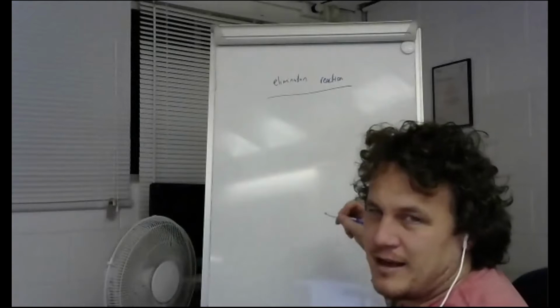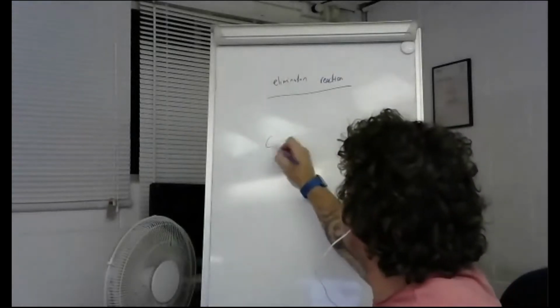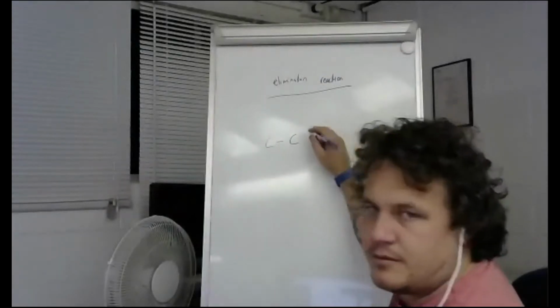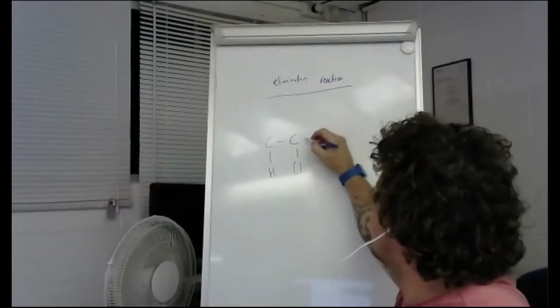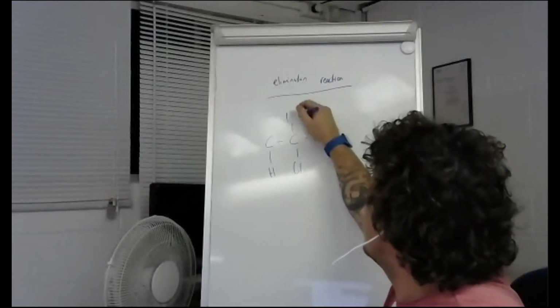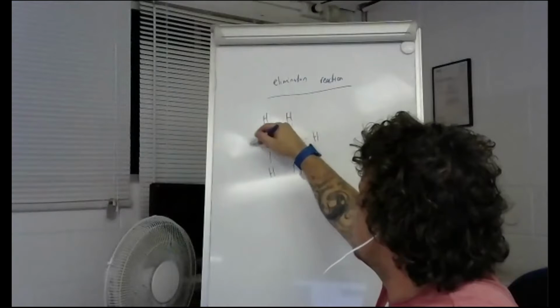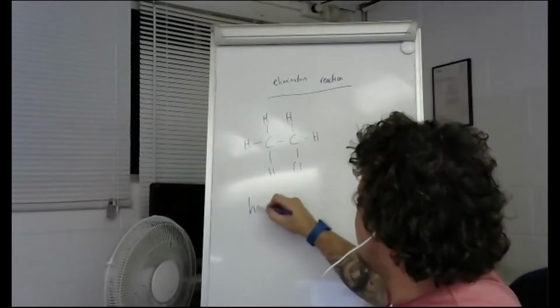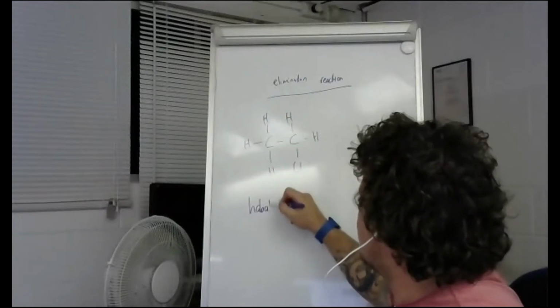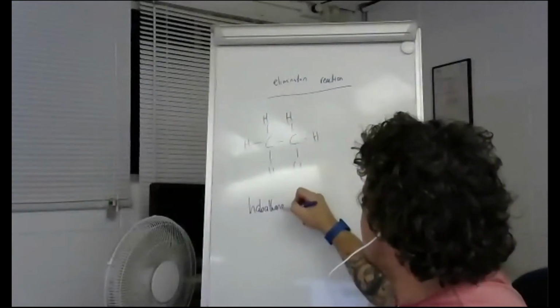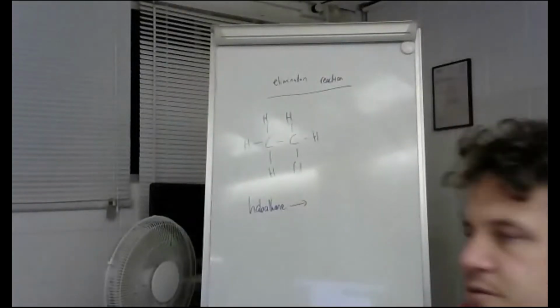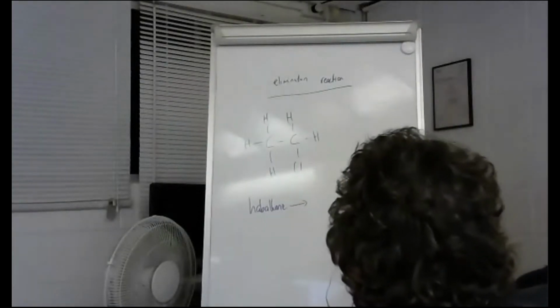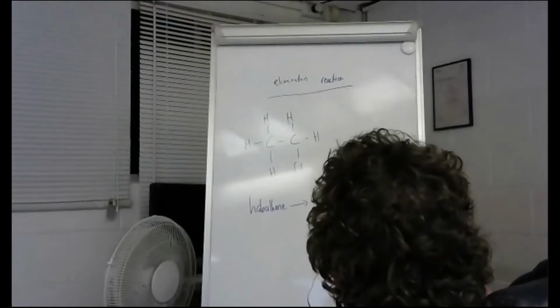So we start with a haloalkane. Let's say Cl. So now we're going to go from a haloalkane to an alkene.